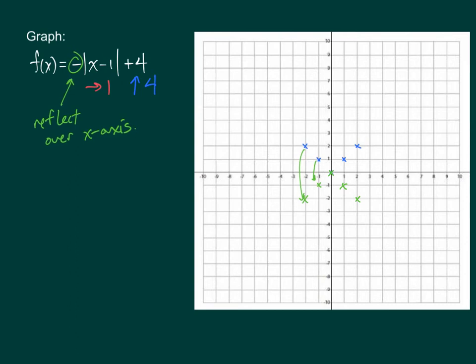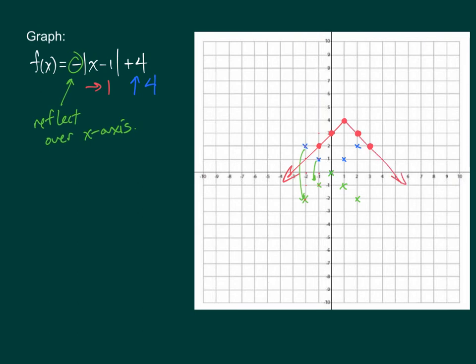The last thing we need to do is to move these green points up 4 and right 1. So this x will go 1, 2, 3, 4 up, right 1. So there's 1. This x will go 1, 2, 3, 4, and right 1. And we can continue this pattern. So the red dots here are going to be the final graph.